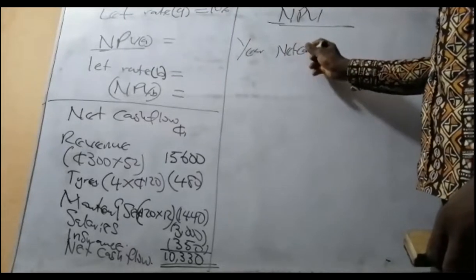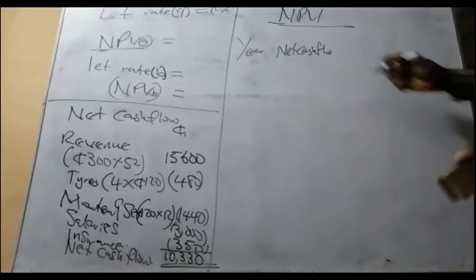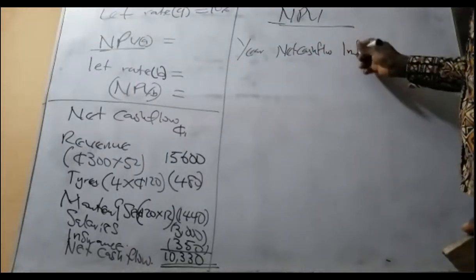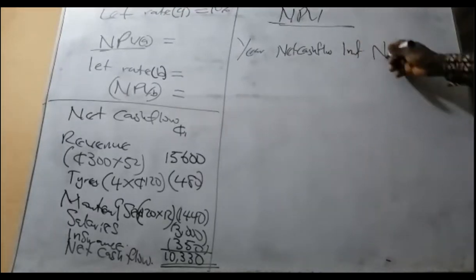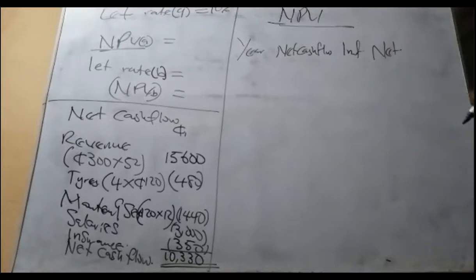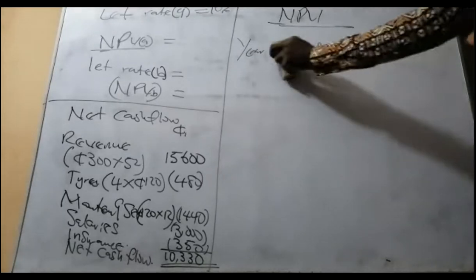And the inflation. Then this is the cash flow after inflation. So net cash flow after inflation. Then I will calculate my NPV on it. I want to calculate the NPV here, so let me reduce the size more, okay?